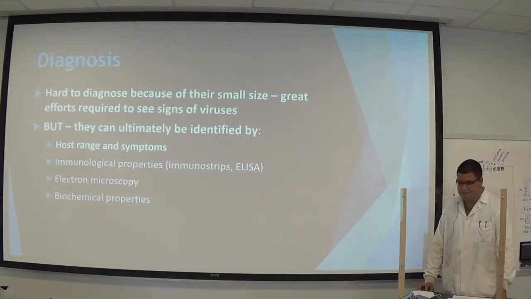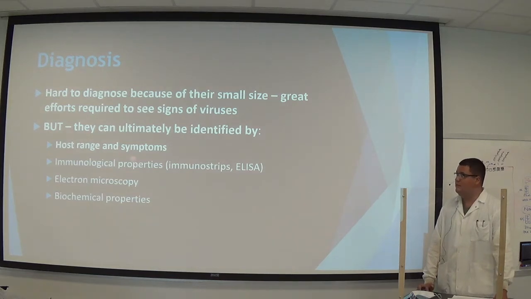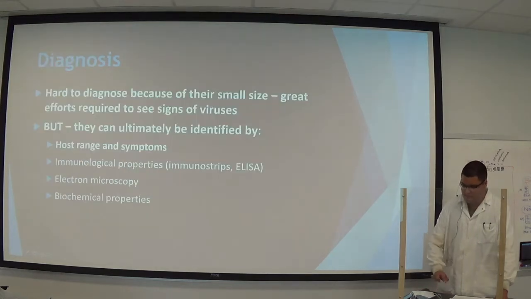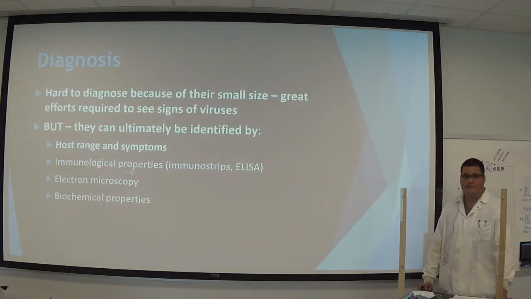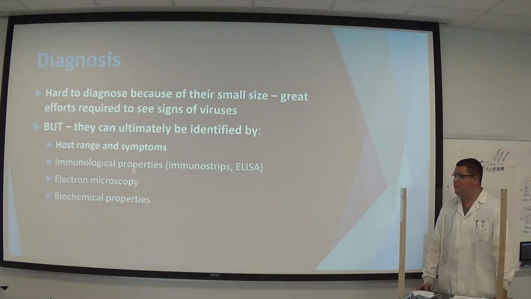Some of the other methods that we can use to diagnose viruses are through immunological properties that it has. That's referring to antibodies, which will bind some particles that are specific to the virus. So that would be immunostrips or ELISA. We'll talk about that in later lectures.